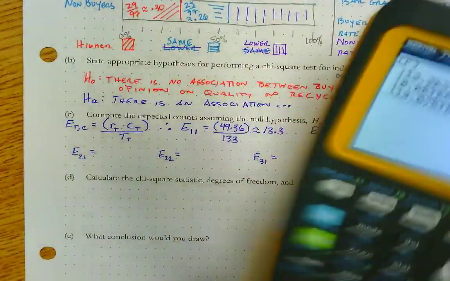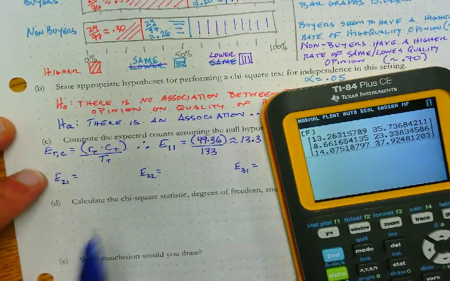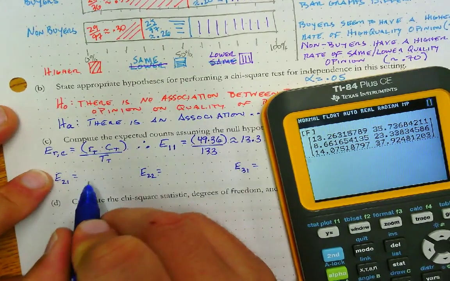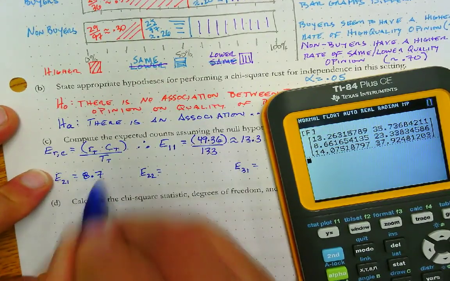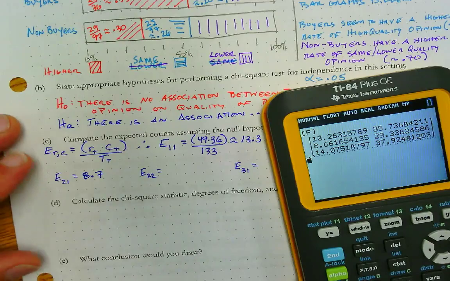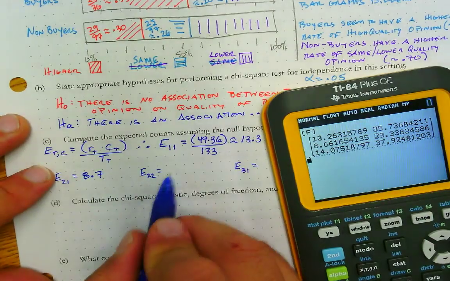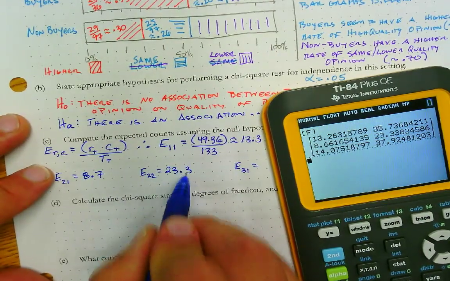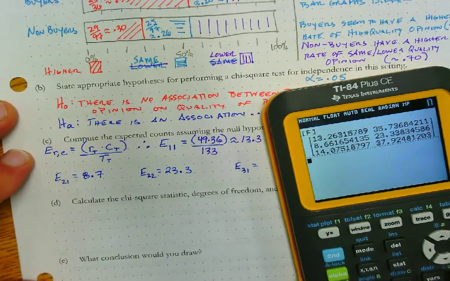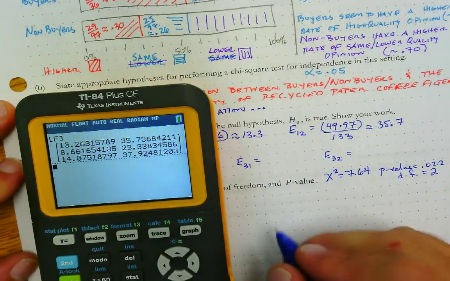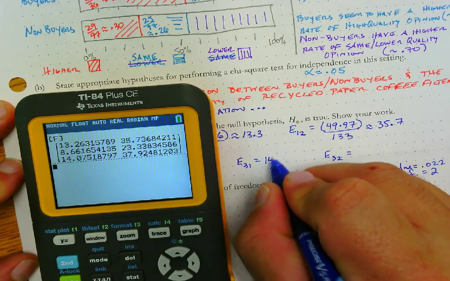Doing it sequentially: second row, first column, about 8.7. Second row, second column, about 23.3. Third row, first column, about 14.1.